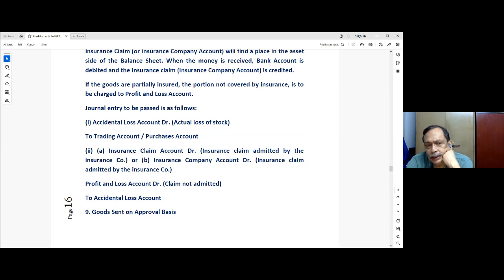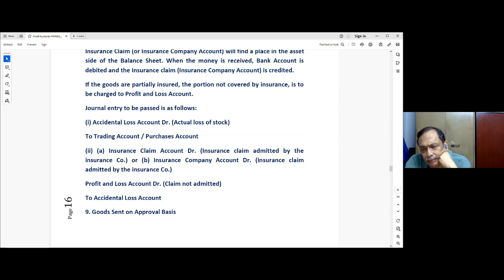Now, second entry, insurance claim account debit, insurance claim admitted by the insurance company, or insurance company account, insurance claim admitted by the insurance company.